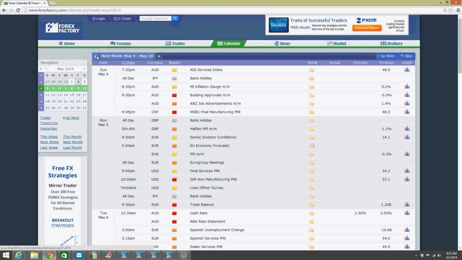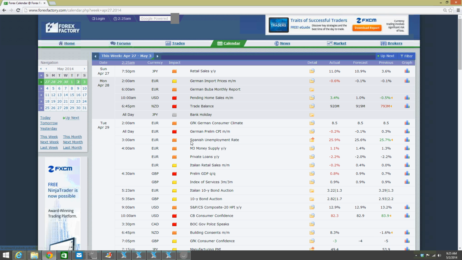It's extremely important. It is formed out of economic releases that are repeating themselves, and the most important thing when you look at such an economic calendar is to look for the central bank and the central bank meetings when they are coming to change the interest rates.